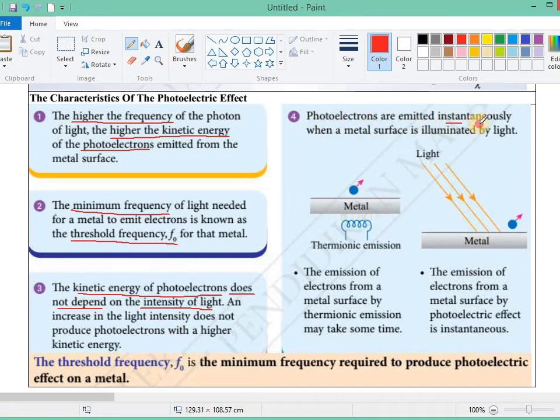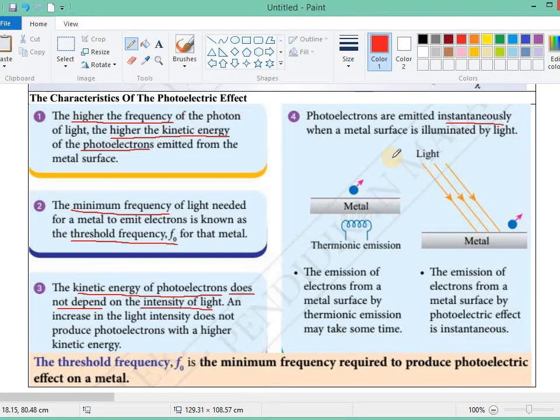That means when light shines on the metal surface, if the frequency is high enough, the electron can escape immediately. Every electron only absorbs energy from one photon. It will not be able to absorb energy from two photons.